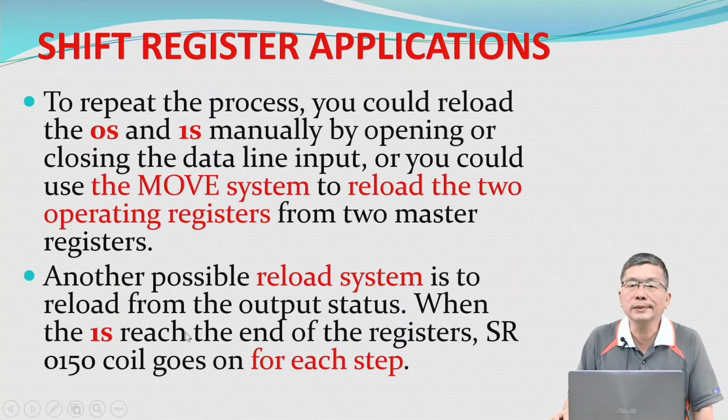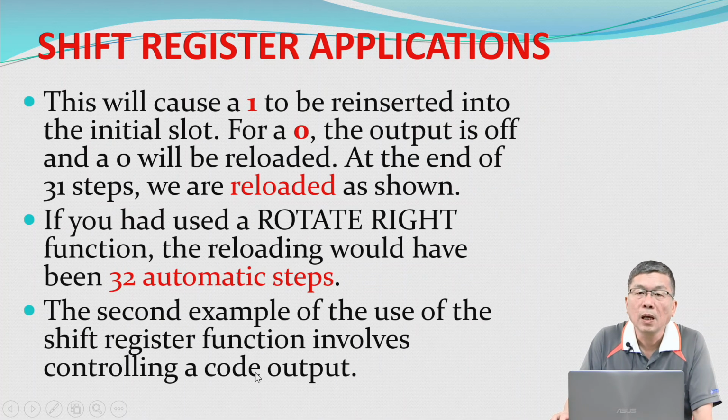When the ones reach the end of the register, the shift right 0150 coil goes on for each step. This will cause a 1 to be reinserted into the initial slot.